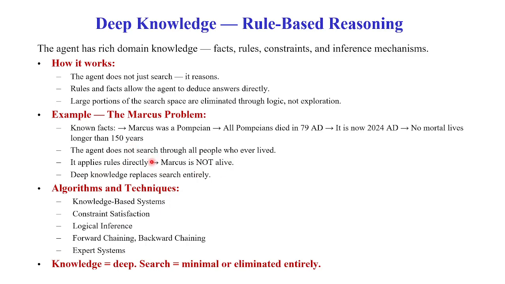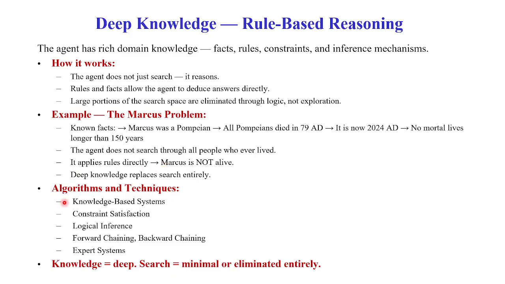Now it has to answer whether Marcus is alive or not. The agent does not search through all people who ever lived. So this deep knowledge replaces search entirely. From these available facts, based on the logic, it will conclude that no mortal lives more than 150 years, so Marcus also will not be alive now.